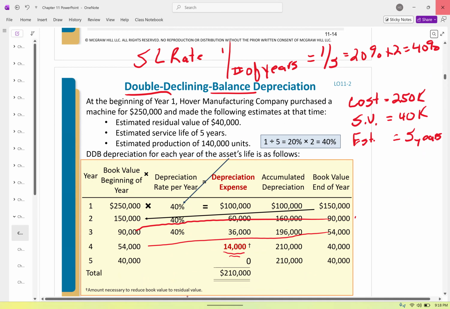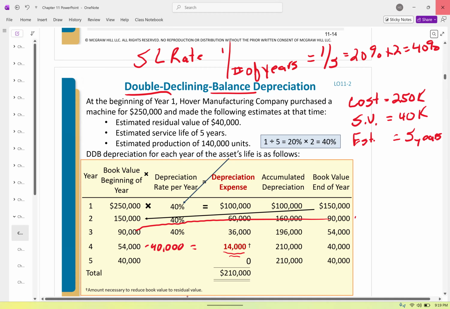So on this one, we're just going to subtract out the 40,000 to get us the 14,000 in depreciation expense. We're done. Year 5 gets 0 depreciation.